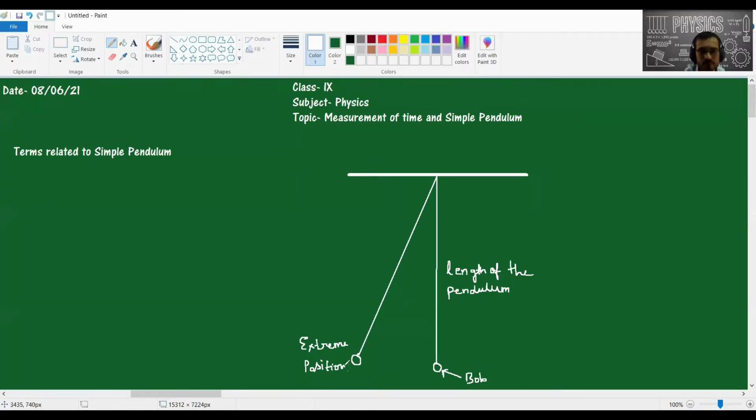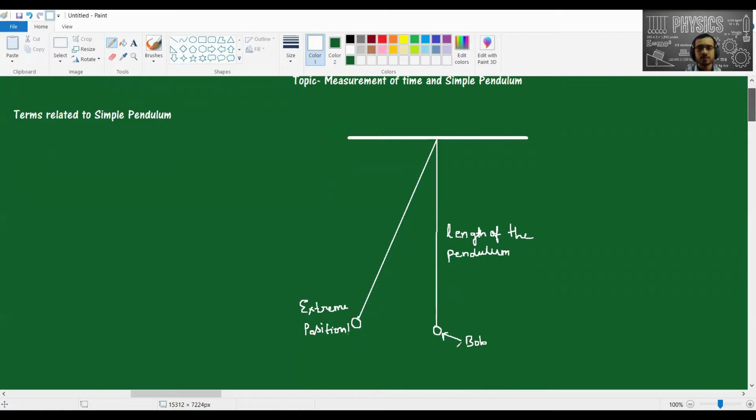So this is extreme position 1, and this is the mean position. Mean position, or we can also call it rest position. When the pendulum is left there and it is not displaced, it is not moving, the position in which it rests is known as mean position or rest position of the pendulum.